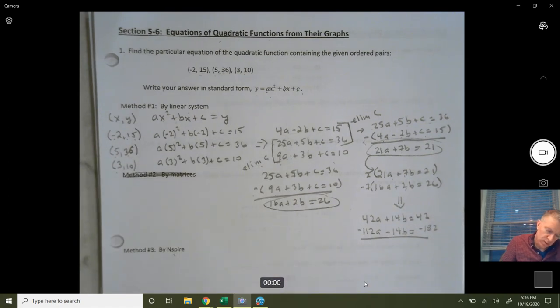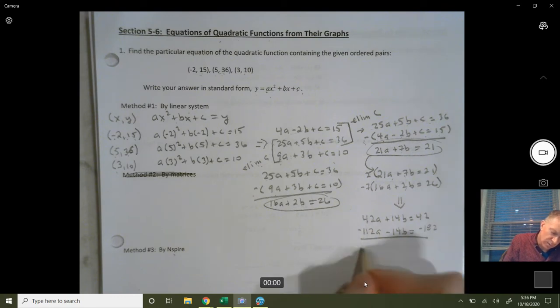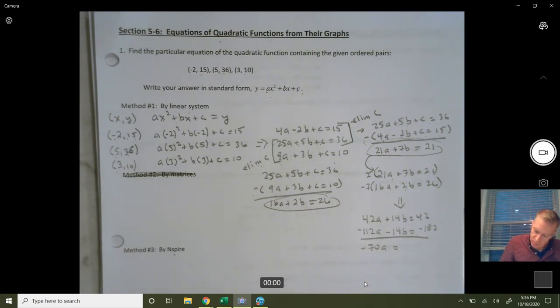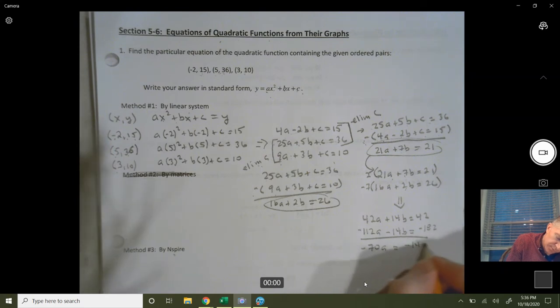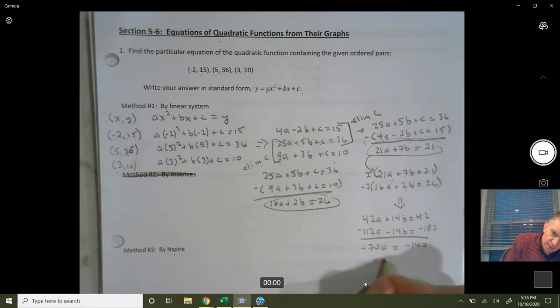Okay, so 42 minus 112 gives you negative 70, equals, and then 42 minus 182 gives you negative 140. Divide by negative 70, and a is going to equal 2.